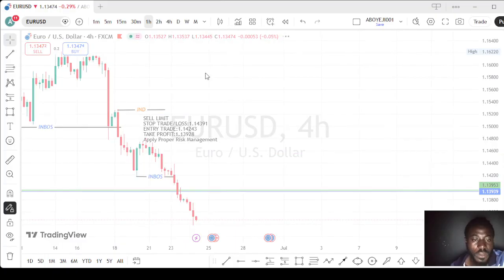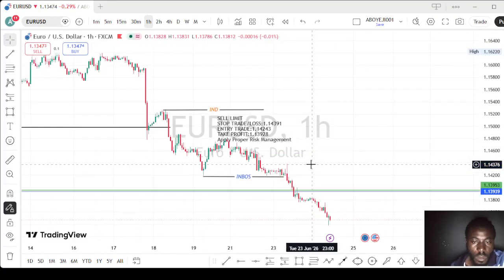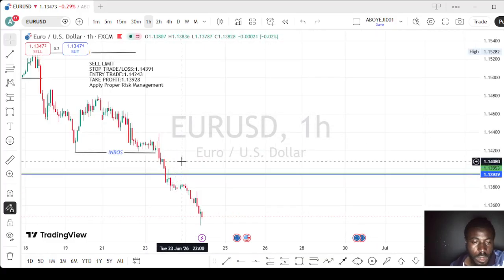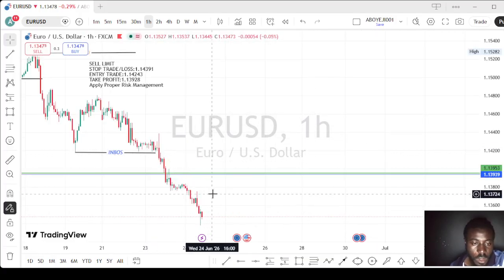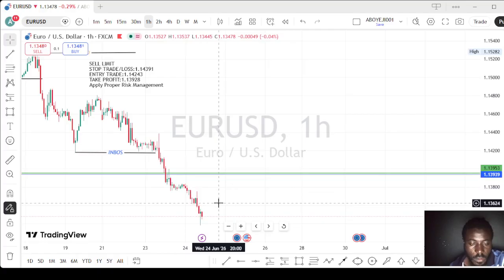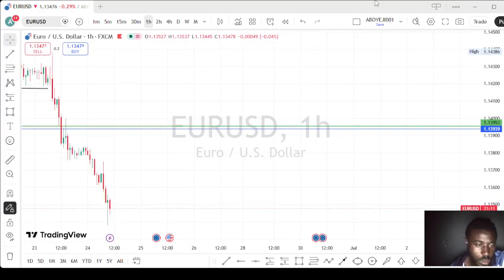Let's move to the 1 hour time frame. This is the 1 hour time frame. This is the break of structure we are having, and another break of structure, and another. There is an FVG here.